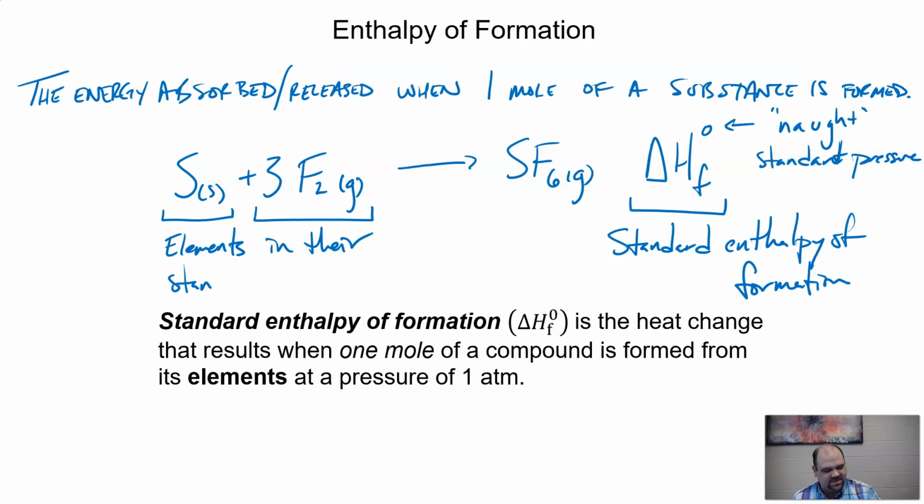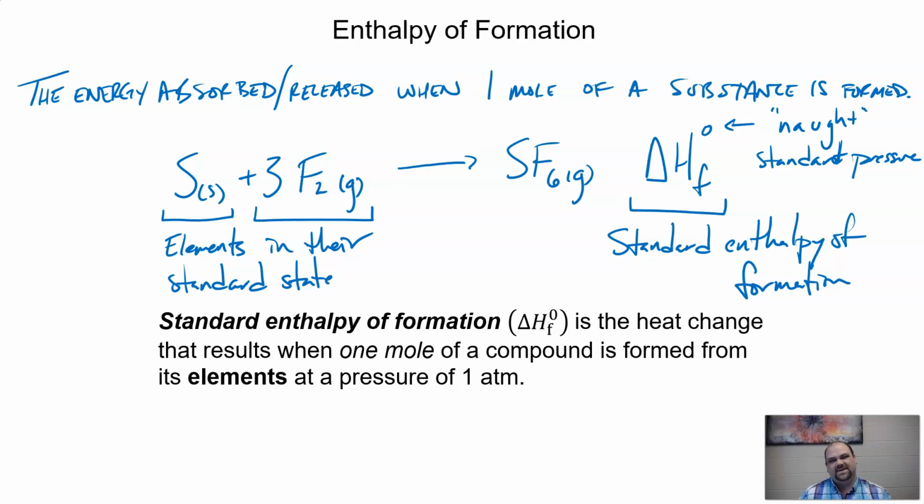What does standard state mean? Well, it means that for sulfur it's got to be a solid, for fluorine it's got to be a gas, and it has to be diatomic. We could not write 6F here because that's not how fluorine exists in its standard state.